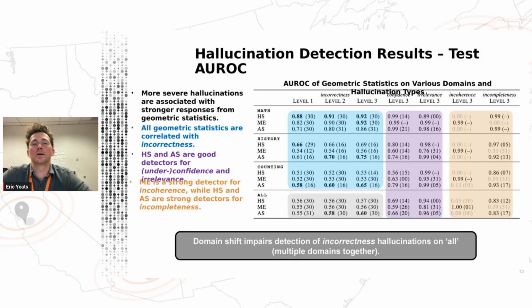And what you can see is that the area under the receiver operating characteristic for these detectors, when there's a mix of all domains, is much diminished. So we see that domain shift impairs the detection of incorrectness hallucinations on all domains.